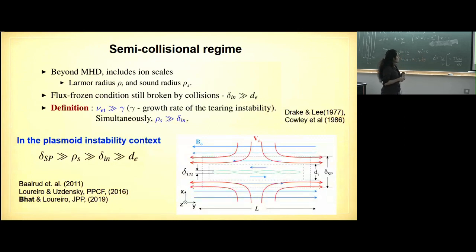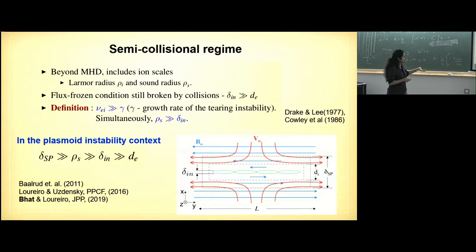Okay, so in the plasmoid instability context, there is a definitive definition for this semi-collisional regime, where the ion scales come in between the inner boundary layer and the current sheet width. If that is the case, then you are in the semi-collisional regime.